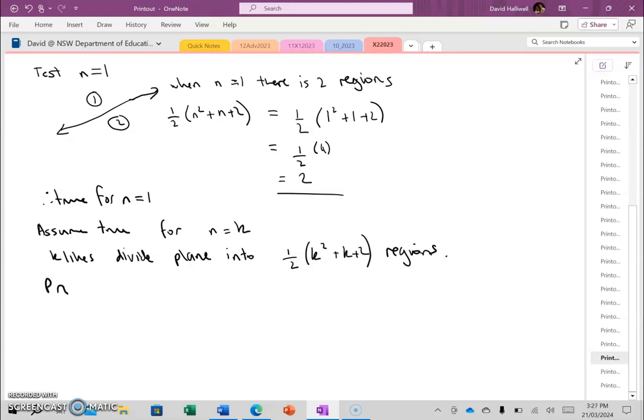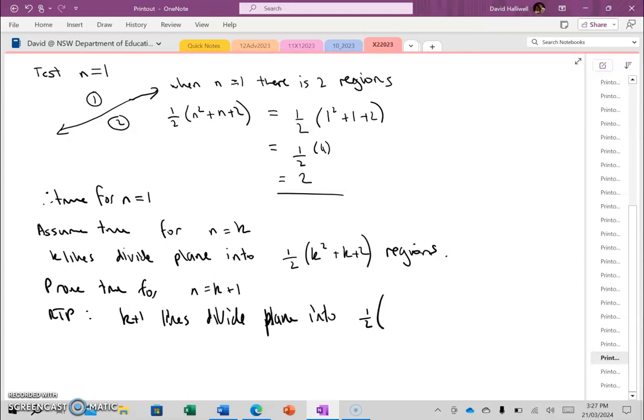Now we need to prove true for n equal k plus 1. So RTP is that k plus 1 lines divide the plane into, changing those to k plus 1s, (k plus 1) squared plus (k plus 1) plus 2, all over 2 regions. Okay, so that's what we're required to do.